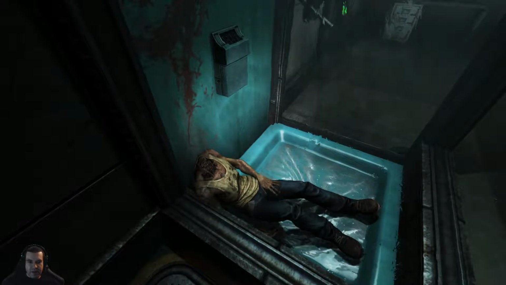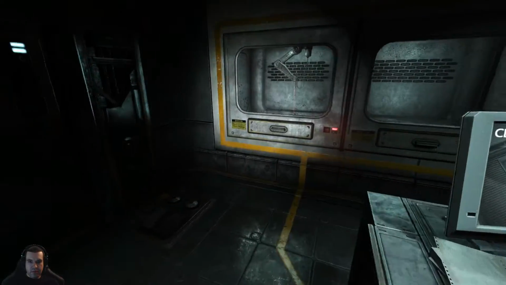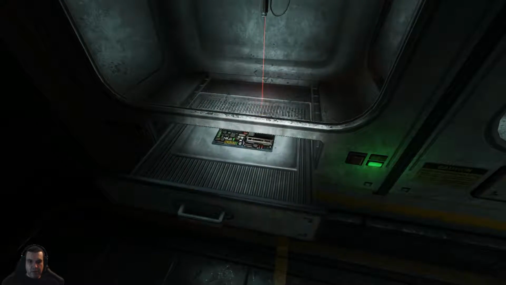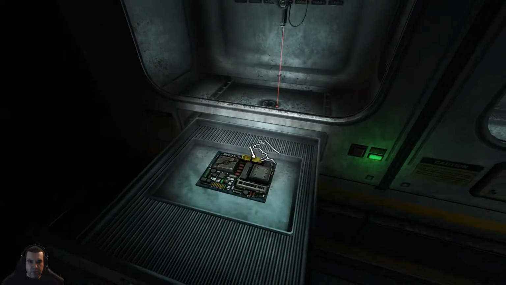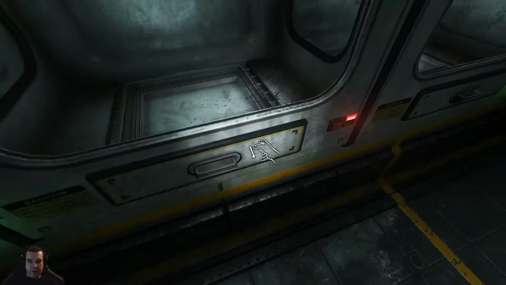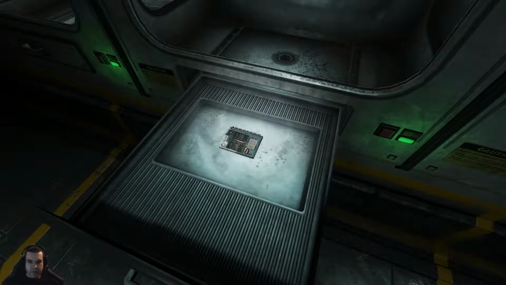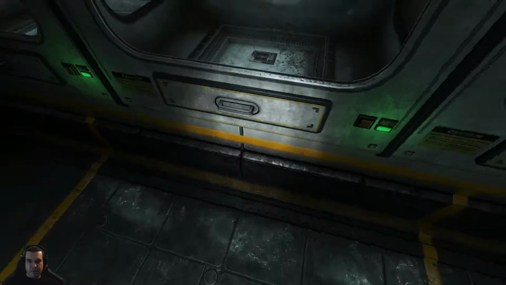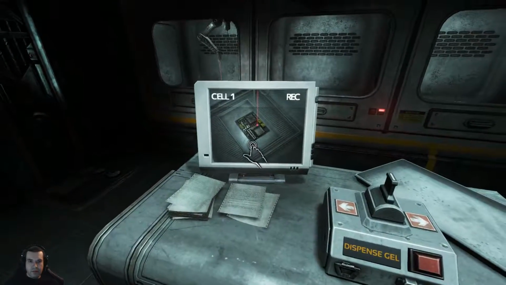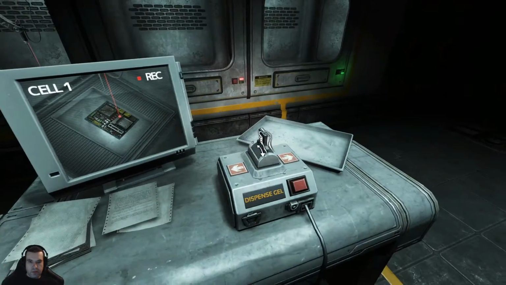There must have been a decontamination shower when he just exploded. This is what we need, but if we put this one in here. Yep. Put this one in here. Yeah, that ain't gonna help.